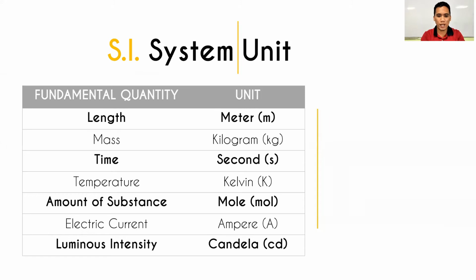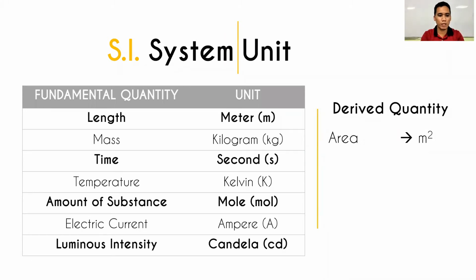So how about the derived units? When we say derived units or derived quantity, it is the combination of two or more fundamental quantities. For example, the area. Area is the combination of two lengths, so it is meter squared or square meter.